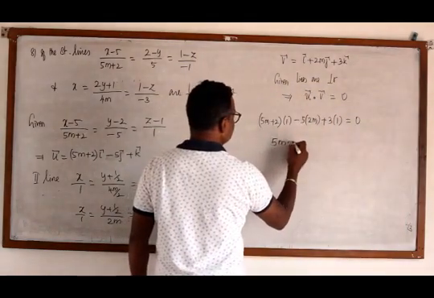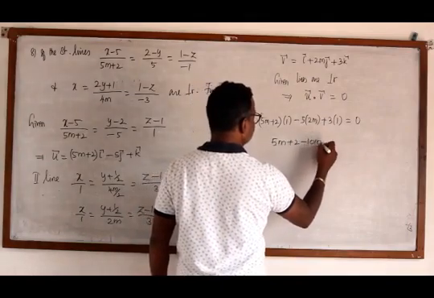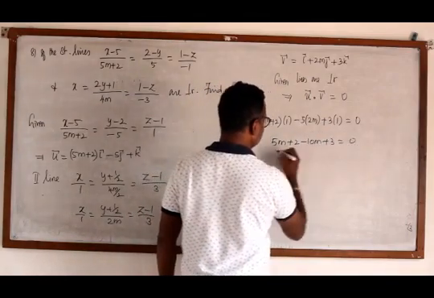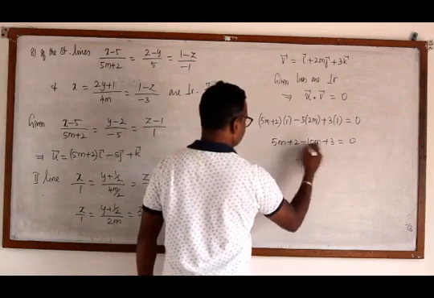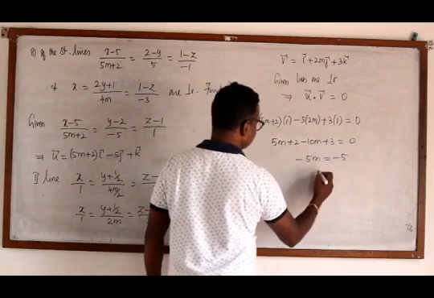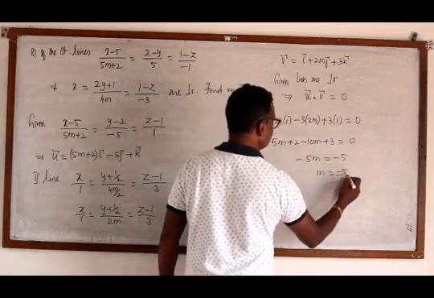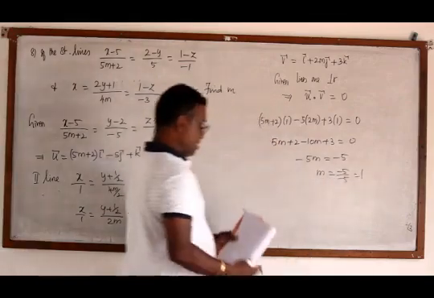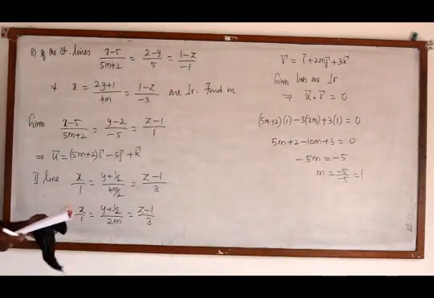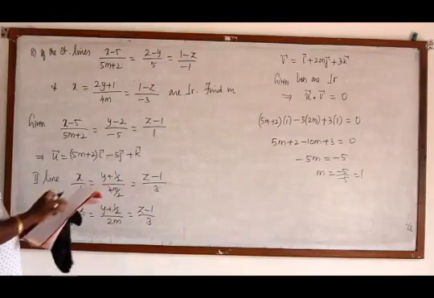It is 5m plus 2 minus 10m plus 3 equal to 0. Minus 5m, if I take to the other side, is minus 5. So m equal to minus 5 by minus 5 equal to plus 1. This is how we can find the value of m.